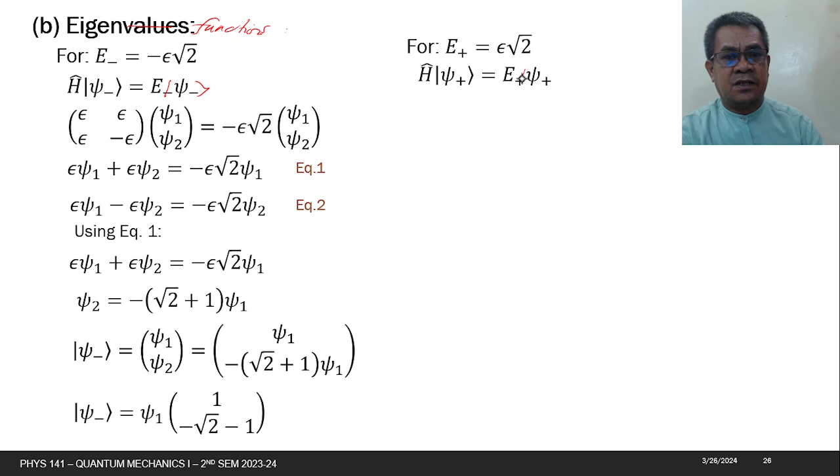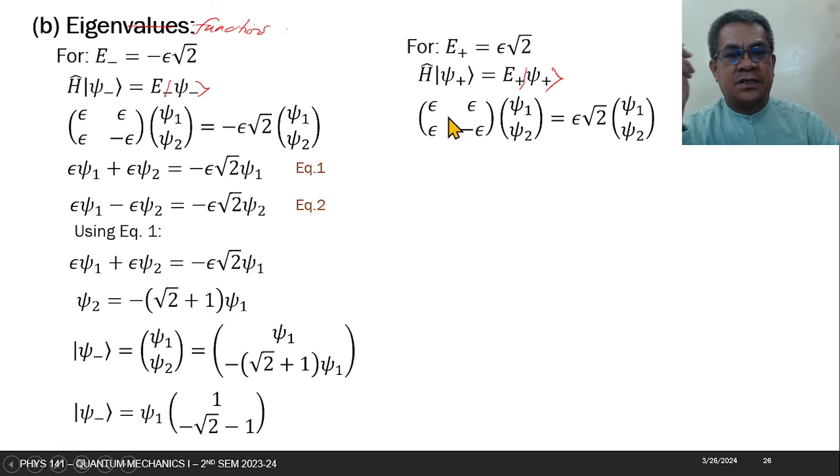And substitute, and this is again the same. It should be a ket, a vector. Then substitute the values. Of course, we have this Hamiltonian operator, and we have the vector psi 1 and psi 2, and the same psi 1, psi 2. And this is our energy, positive.